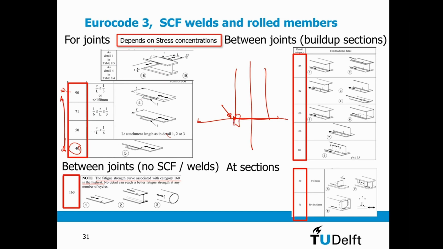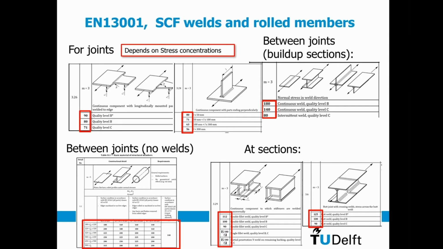So these stress concentration classes you only take into account if you do not calculate the stress concentration. If you do calculate it, then the effect of the stress concentration itself is already in your model. Then you should not apply it also to your category, because then I get a higher stress and a lower allowable. So you pay twice. That's not the intention.